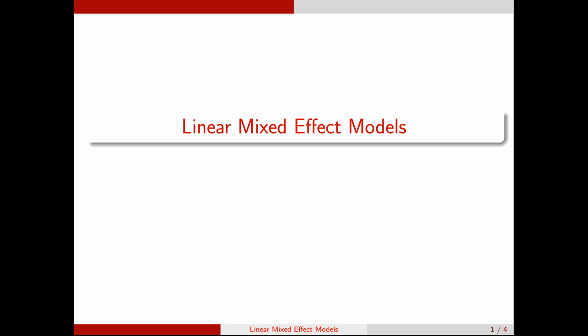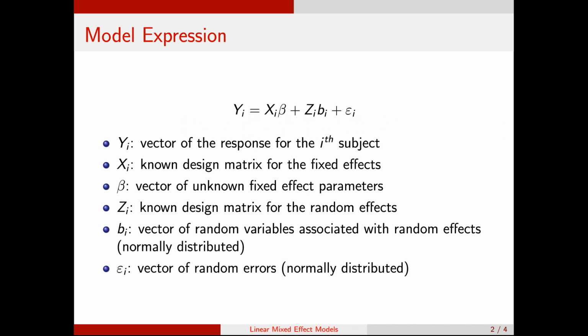Now, let's review the linear mixed effect model. In a frequentist view, we know we have fixed effects and random effects in the model. So the model will look like yi equals xi times beta plus zi times bi plus epsilon i.